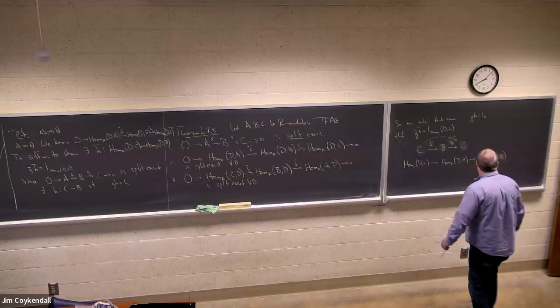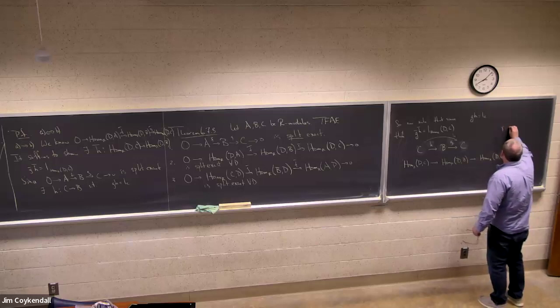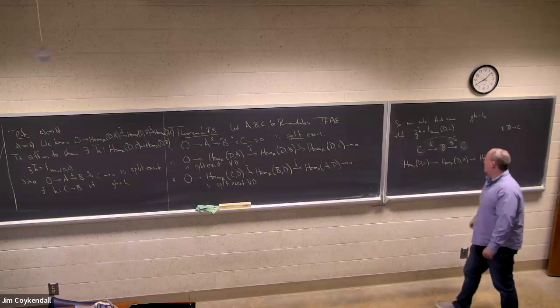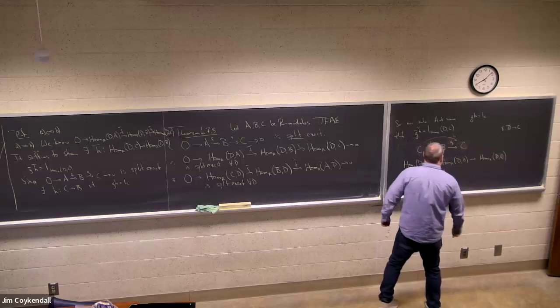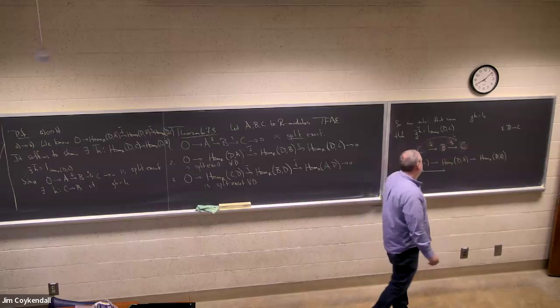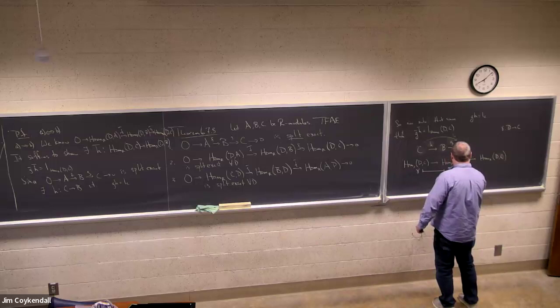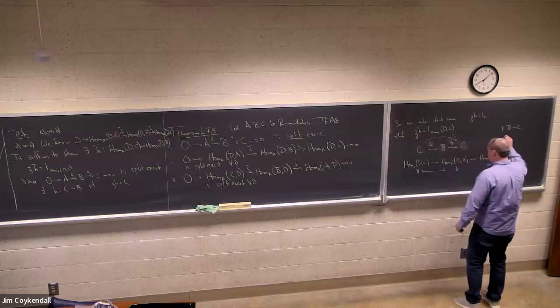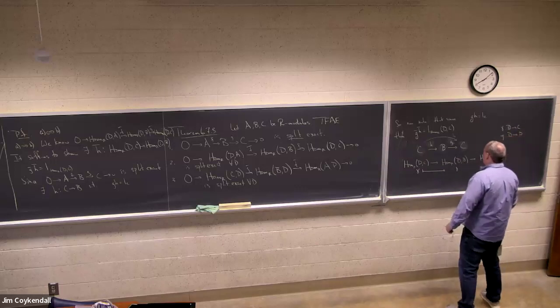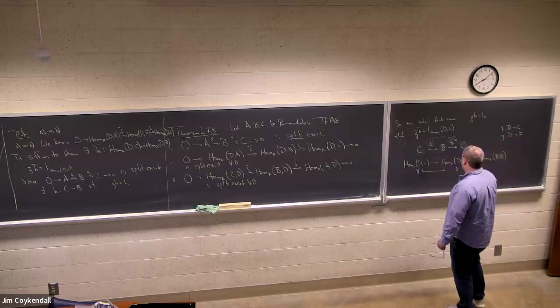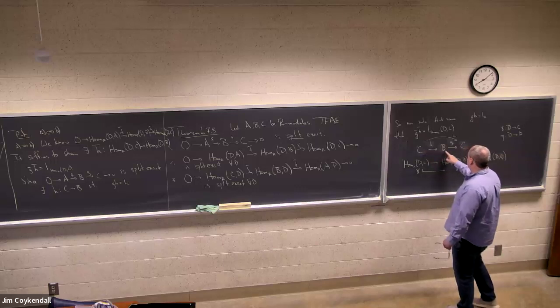If you have, let's say, gamma going from D to B, then how does this induced map work, induced by this H and G?